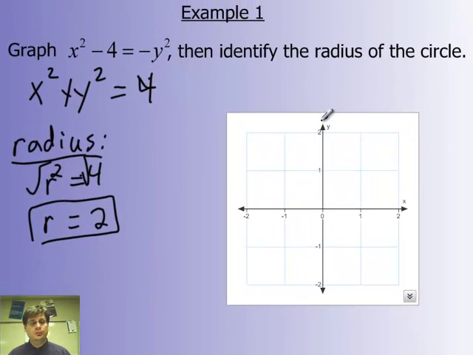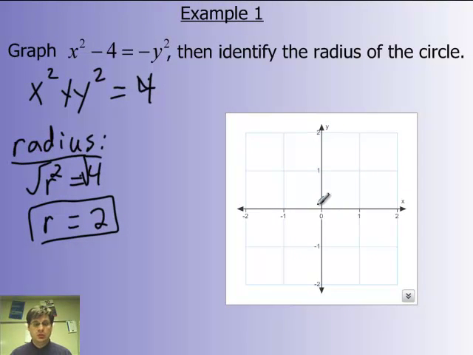So now what we would do is we'd just start from the origin, and we can just lay in points north, east, south, and west as far as where the points are going to be from the origin. So each one's going to be 2 units from the origin.